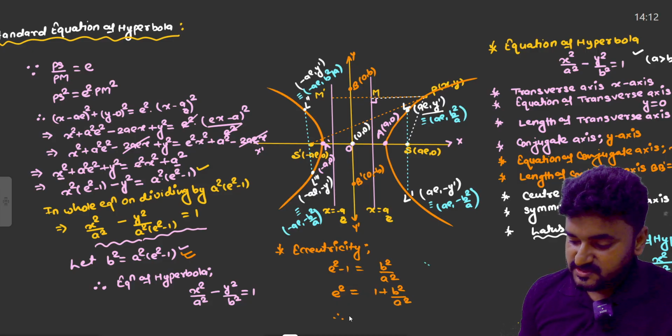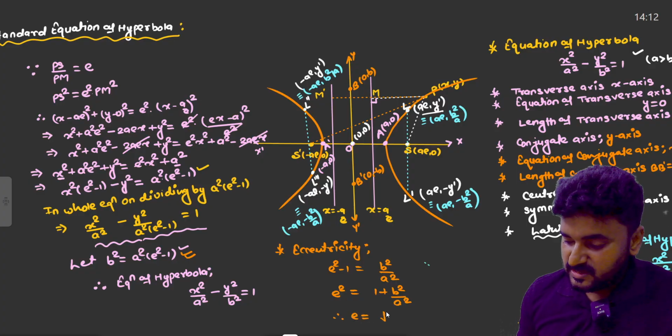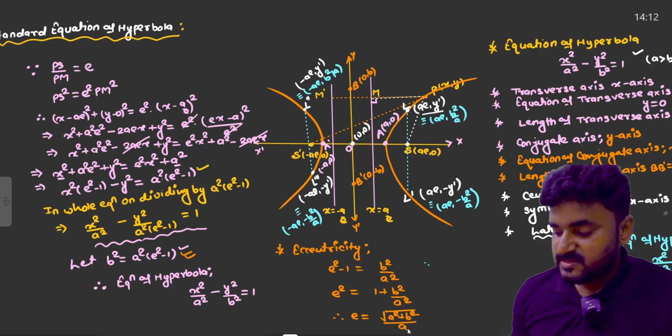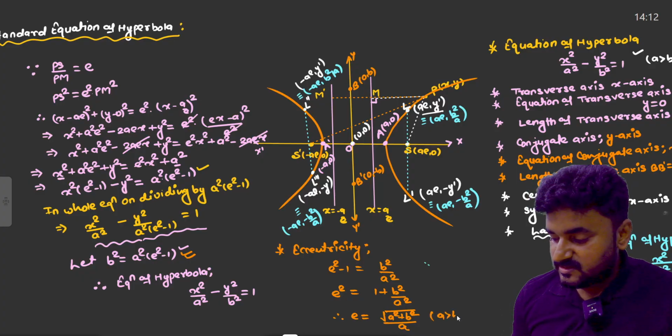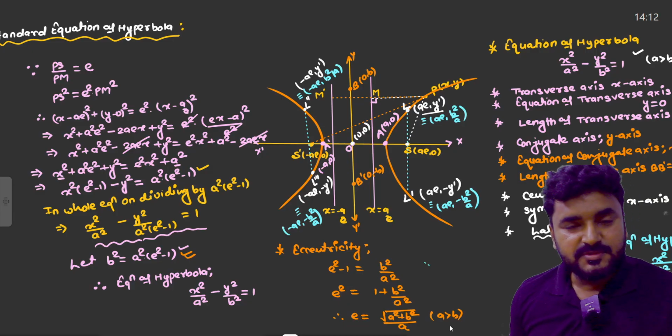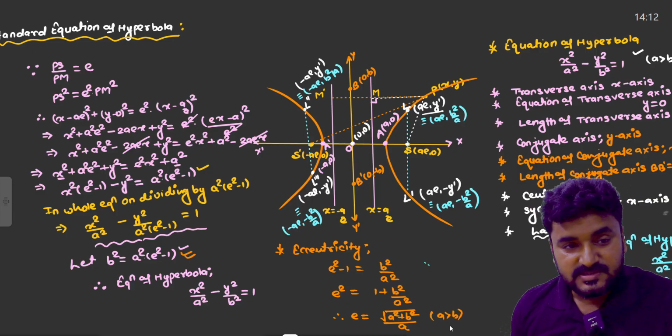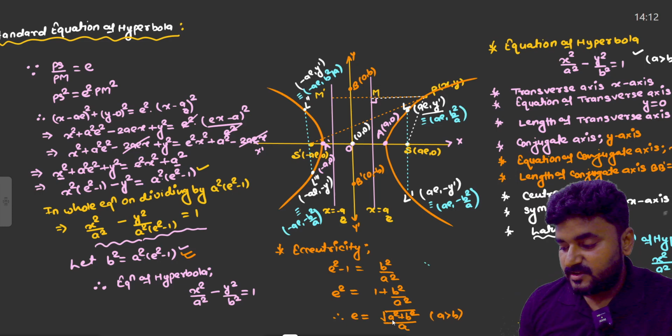So the eccentricity is e equals root of a square plus b square, by a. This is the eccentricity when a is greater than b. And similarly, when a is less than b, what I will do here is, the a value will come b and the b value will come a. Let us see.